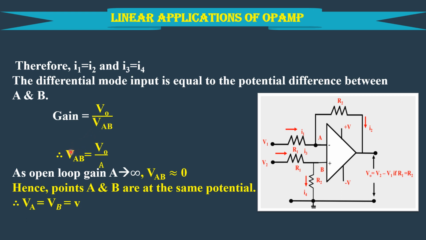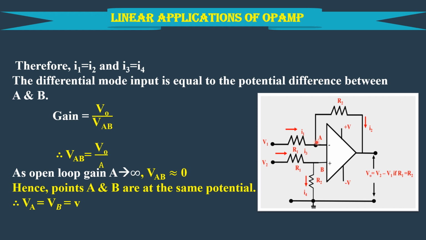Therefore, we can get from this equation VAB as V output divided by A, which is the gain of this amplifier. As we know, open loop gain of operational amplifier is very high, which tends to infinity. Therefore, from this equation, we can see that VAB is approximately equal to 0.